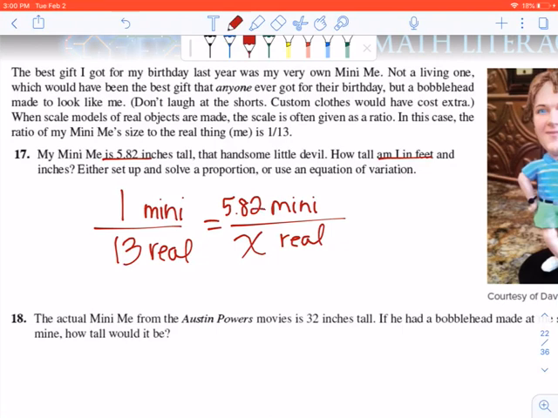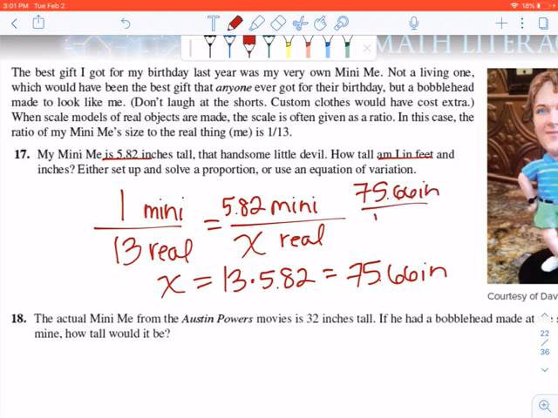Now with a proportion like this, I can cross multiply to find x. 1 times x is just x, and then 13 times the 5.82 will give us the height, which we should get 75.66 inches. And it says in feet, so I need to then divide that by 12 to figure out how many feet that would be.